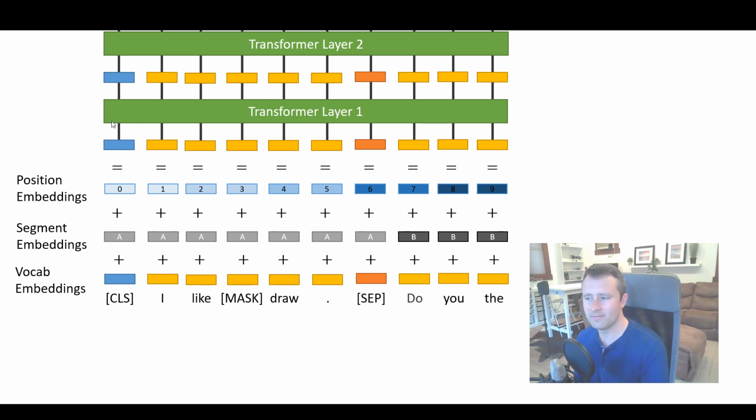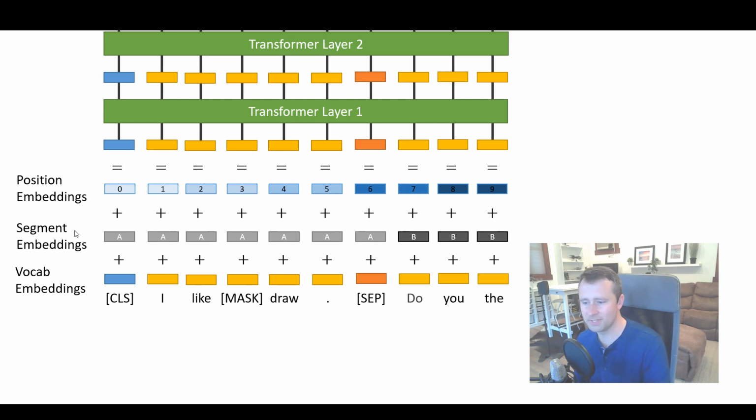At the very bottom layer, layer 1 of BERT, the input is comprised of, for each token, its embedding looked up in the vocabulary of the word piece model. That's a vector of length 768. And then there are two segment embeddings, one for segment A and another for segment B, and depending on which sentence it is, we just add that to the embedding for the token.